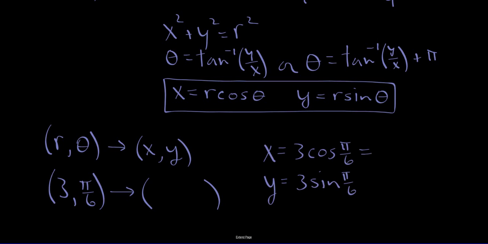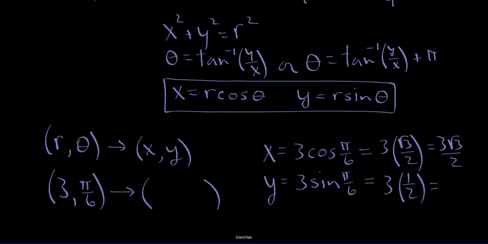Okay, so let's see what this is. 3 cosine pi over 6, well, that's 3 times the square root of 3 over 2, which is 3 square roots of 3 over 2. That's the x. The y is 3 times 1/2, so that's 3/2. So there we have it. We have 3 square roots of 3 over 2 and 3/2. And that gives us our going from polar to rectangular.